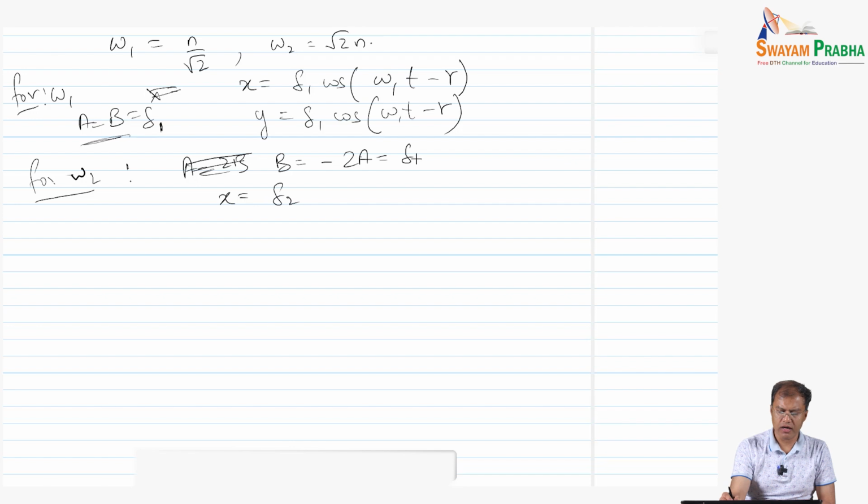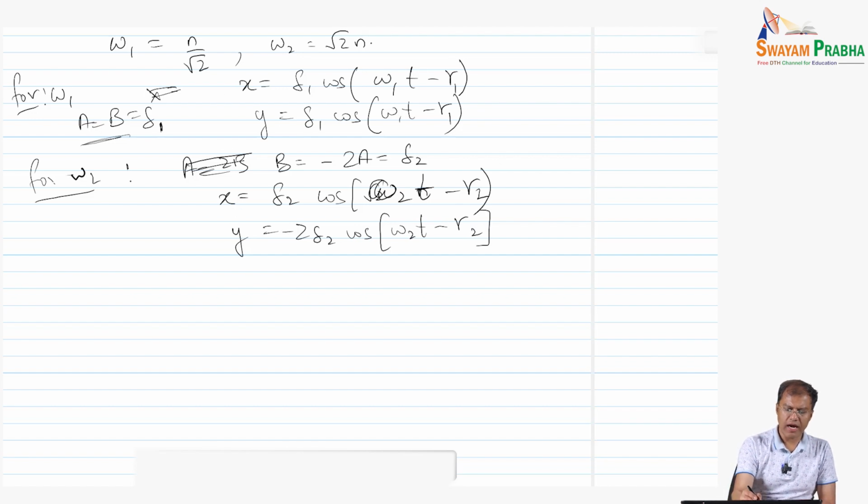Let me call this gamma 1 and this gamma 2. And y is equal to minus 2 delta 2 cos of omega 2 t minus gamma 2.